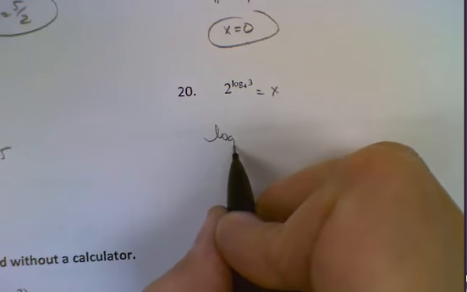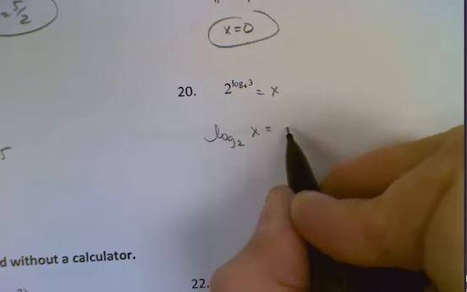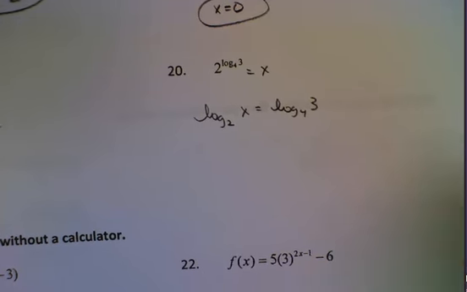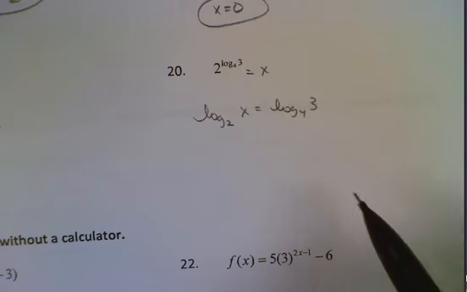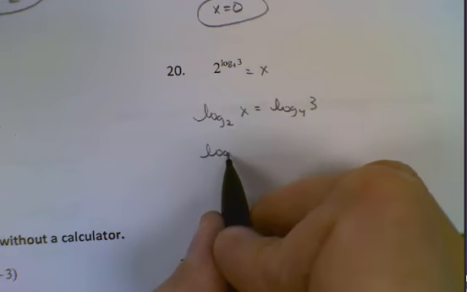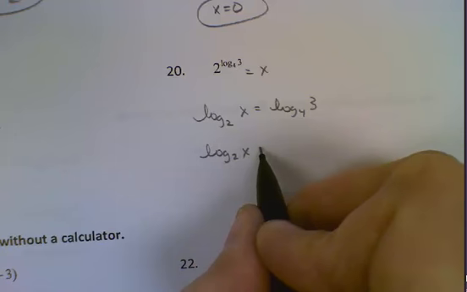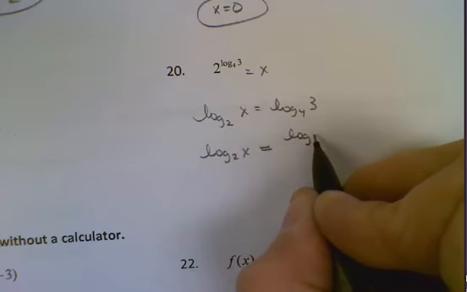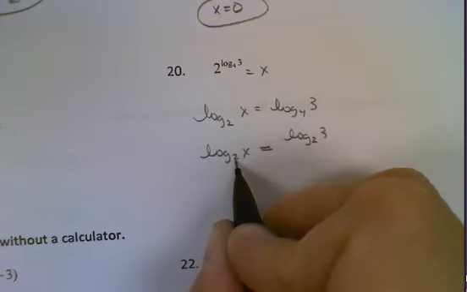All right, this one's a little bit tougher because if you set it equal to x, you say log base 2 of x equals the log base 4 of 3. So now they're not the same base. And we always said, if you don't have the same base, you have to change the base. So this is log base 2 of x equals, I'll do first, log of 3. I'm going to go log base 2 of 3 because this is a base of 2.